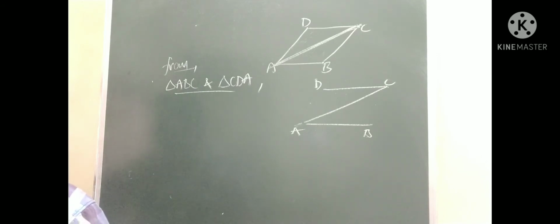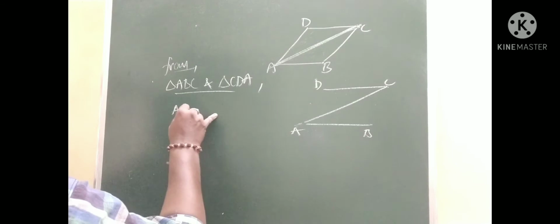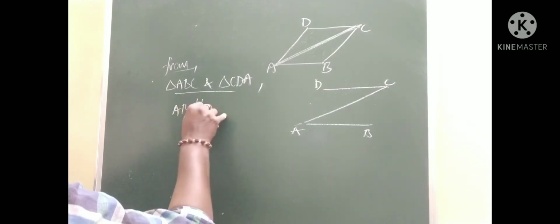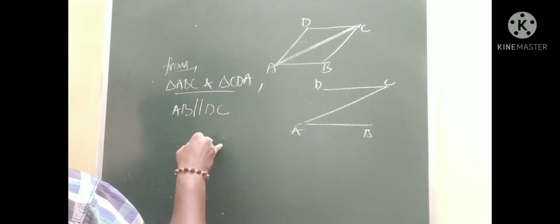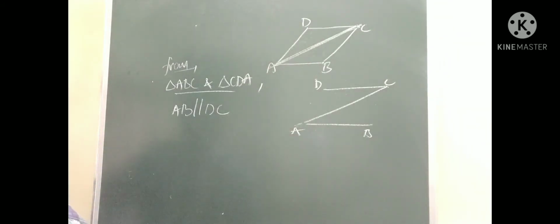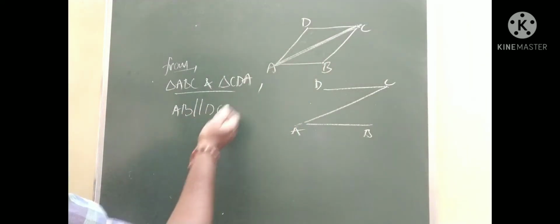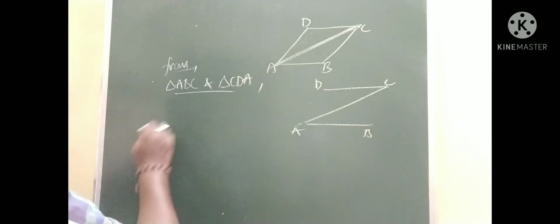So here clearly, since AB is parallel to DC. Why? Because we know that opposite sides are parallel and equal. As ABCD is a parallelogram, AB is parallel to DC. If you want, I can write that point also.